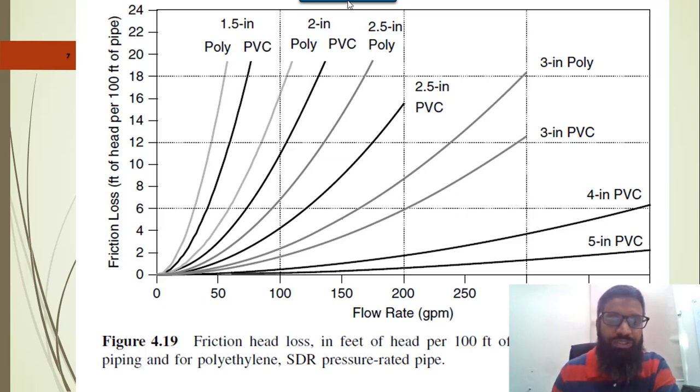However, the efficiency of the PVC pipe is much greater than the efficiency of the poly pipe, because the friction loss in poly pipes is comparatively high as compared to the PVC pipe. There are different kinds of standards used in poly pipes and PVC pipes. The minimum size is 1.5 inch and the maximum size is 5 inch, and when the size increases, we prefer to use PVC pipe compared to the polyethylene pipes.